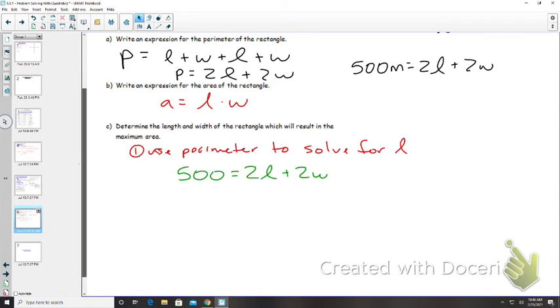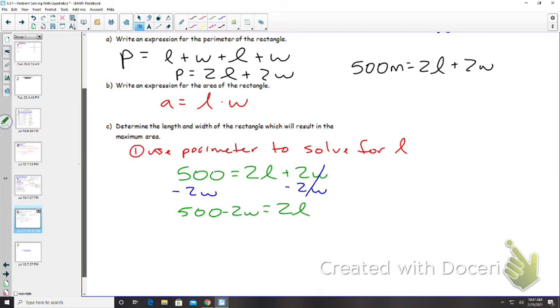Well, we got to get rid of that 2W. Subtract first. Minus 2W from both sides. Okay. Now I have 500 minus 2W equals 2L. Yeah, you want to get rid of the 2, right?